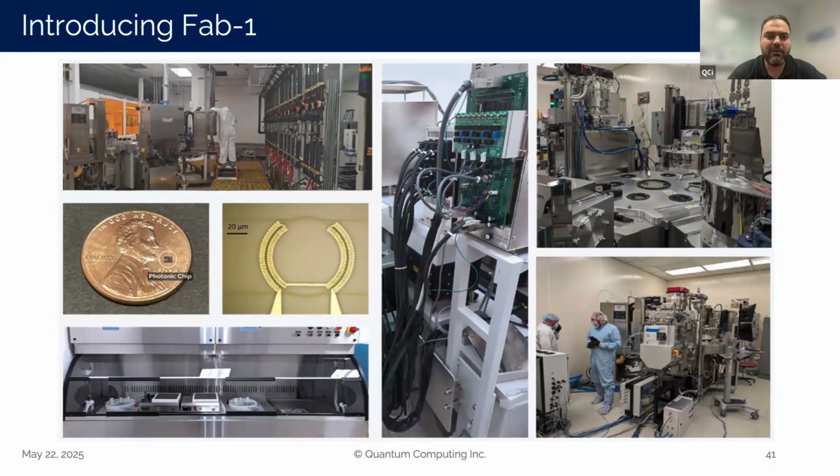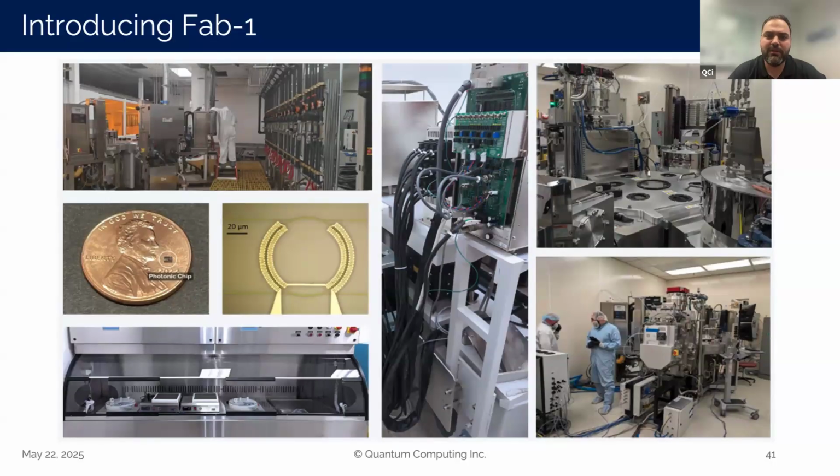Here are some of the tools that we have put in the foundry. Many of these tools are exclusive to us and custom made for thin-film lithium niobate. So everything is built from scratch and based on the knowledge that the team had gained through many years of learning how to process thin-film lithium niobate and particularly how to etch it really well.